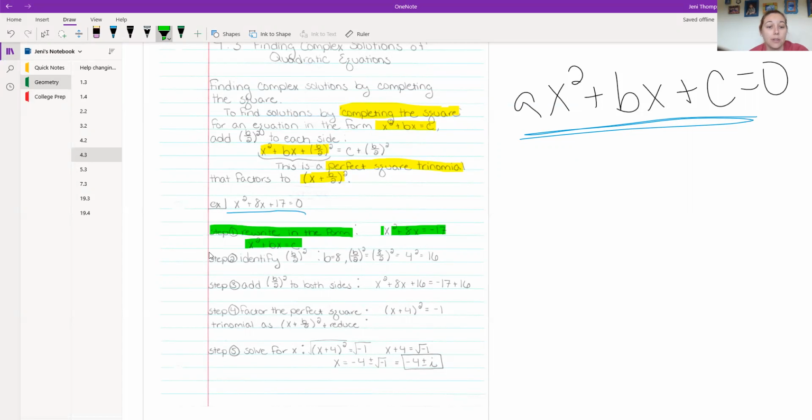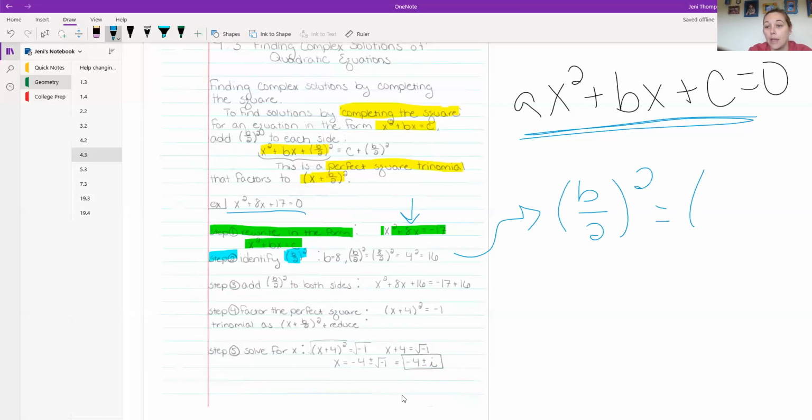Okay. Step two, we need to identify what our b over 2 squared is. We need to figure out what that is. Well, this is our b, right? So our b is 8.